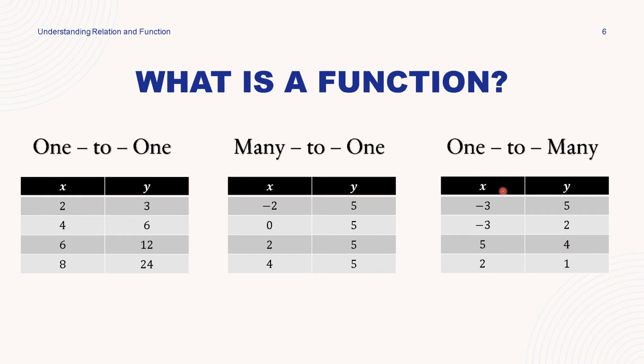As you can see, there's one value of x, but many values of y. Among the following, which is a function? This one to one is a function, many to one is a function, and one to many is not a function. It's merely a relation.